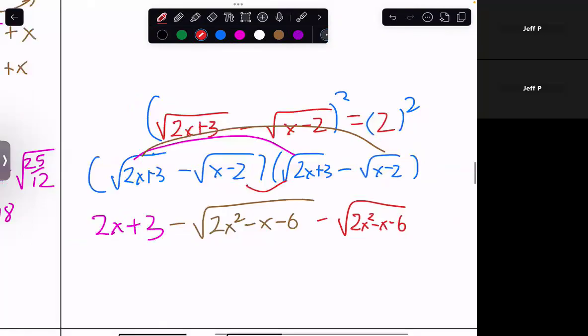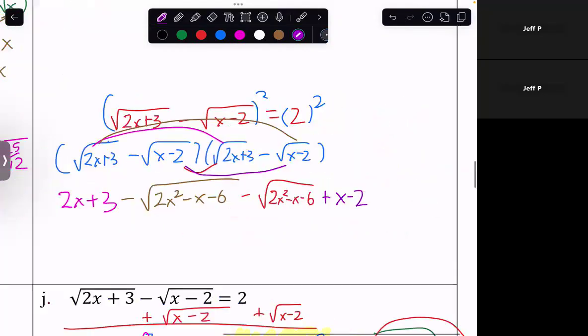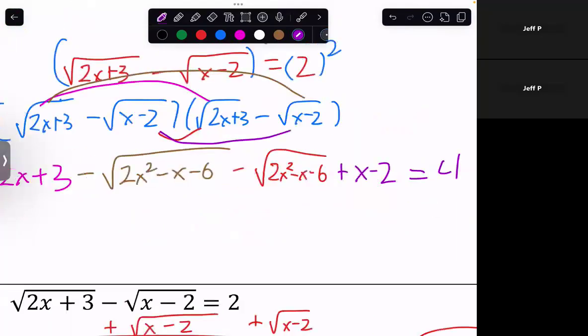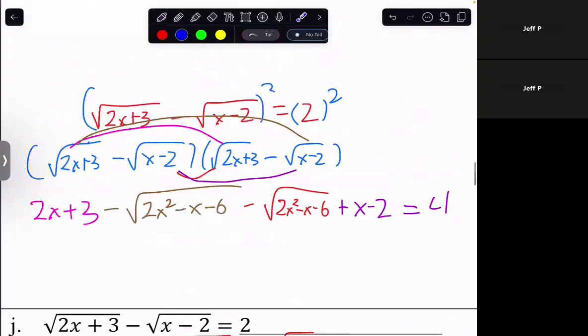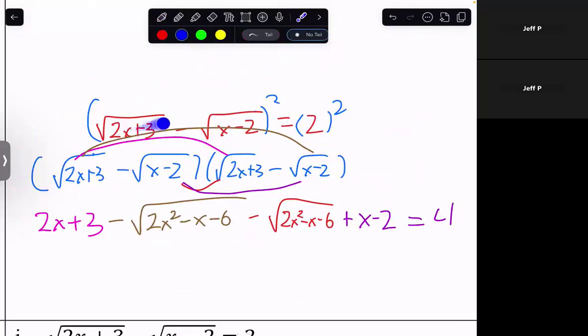And then the last one would cancel out at least, and that all equals 4. So you could continue from here, but I don't suggest it. Emily, do you see how in the first step you would have to distribute? You can't square the two. You can't get rid of both radicals by squaring because you create this new radical in the middle.